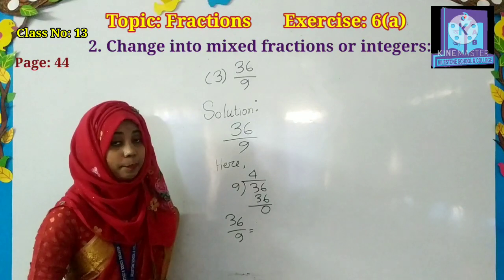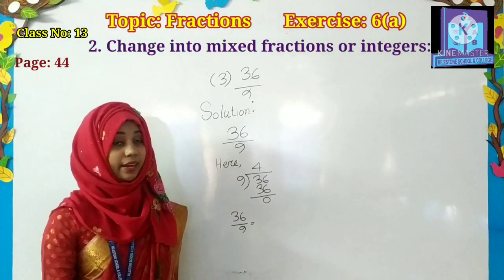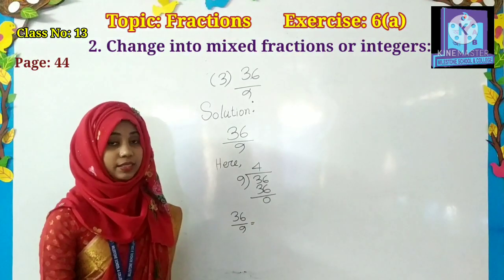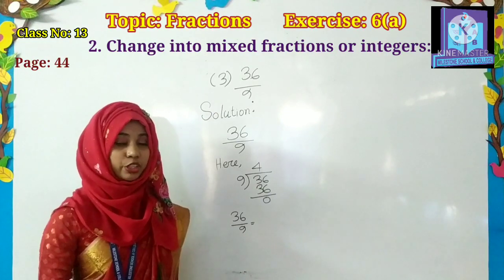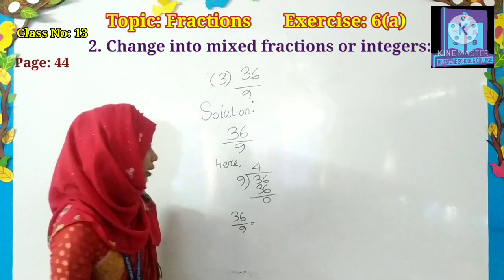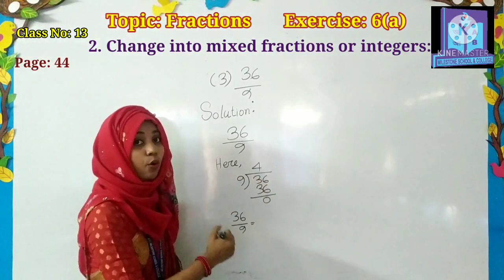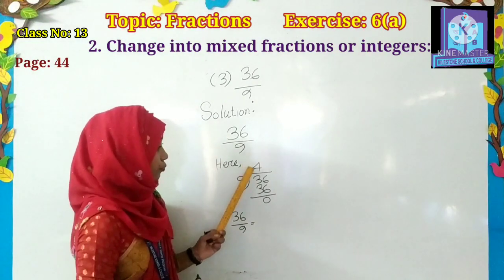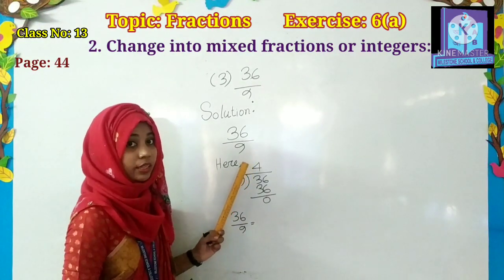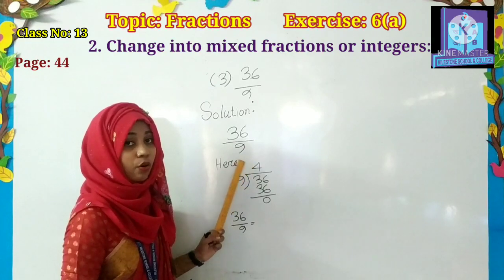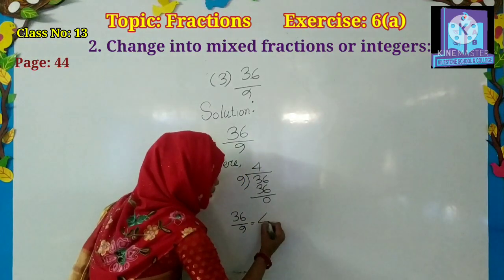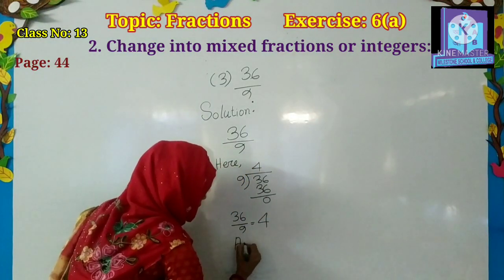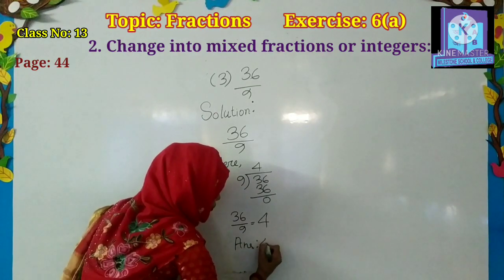What about our mixed fraction? Here is no remainder. It means here is no proper fractional part. So I can write down only integer or whole number. Here 4 is our quotient. It means 4 is our integer or whole number. So our answer is 4.